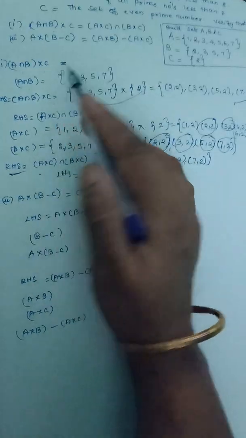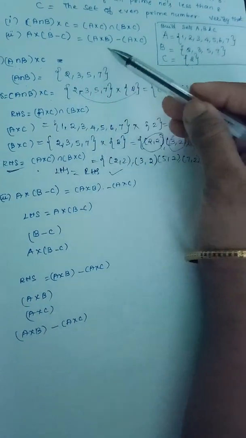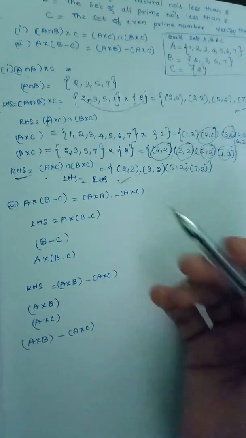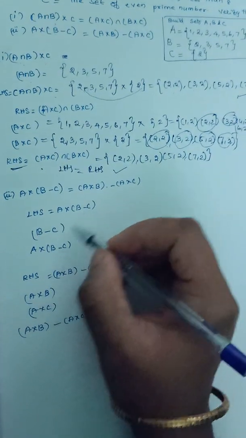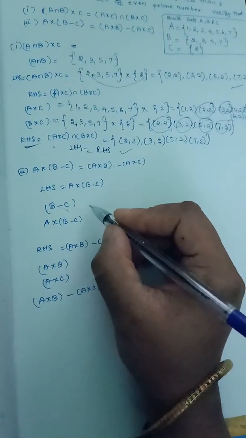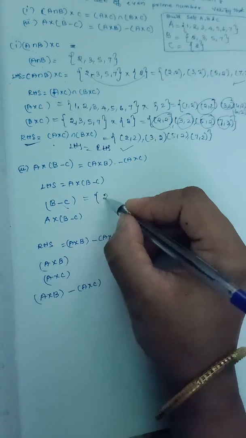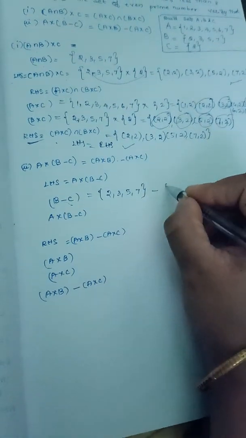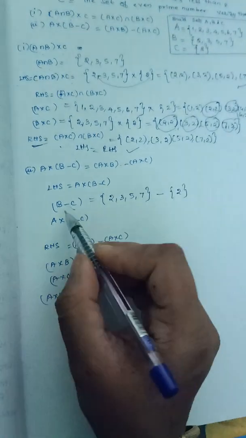Now we are going to the next one: A cross (B difference C) is equal to (A cross B) difference (A cross C). So A cross (B difference C). What is B difference C? B is 2, 3, 5, 7, difference C. What do you mean by this difference?